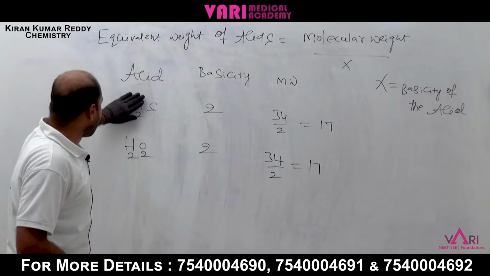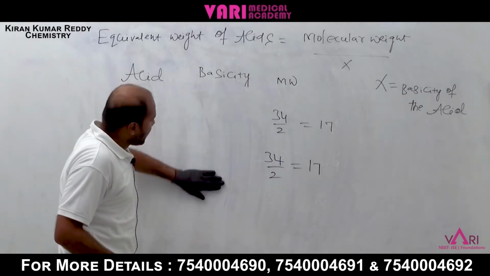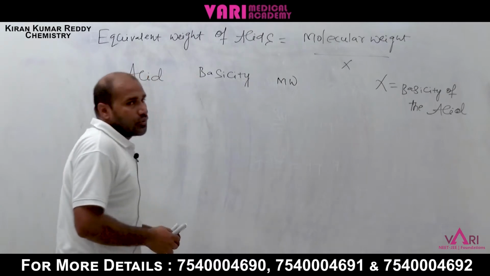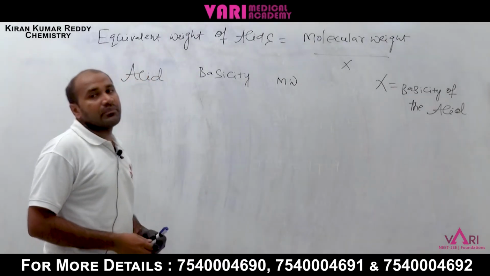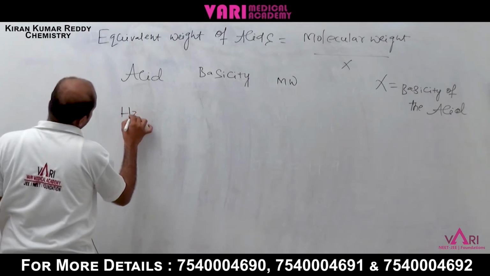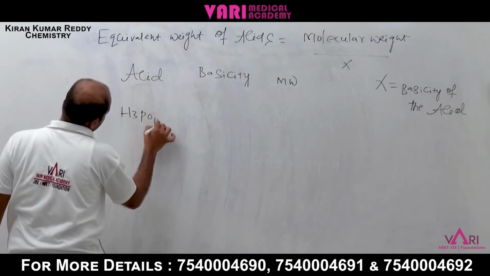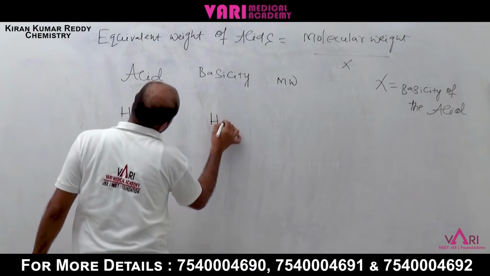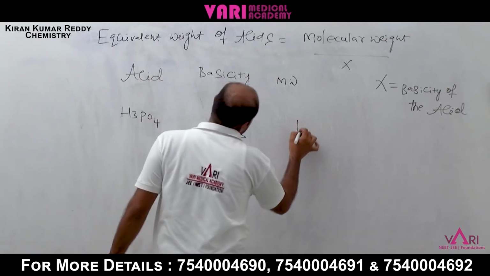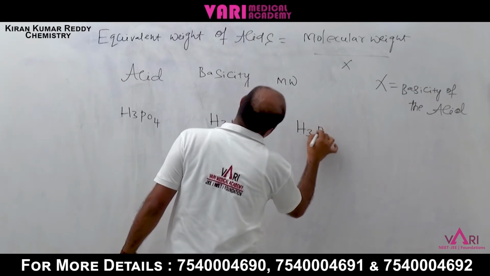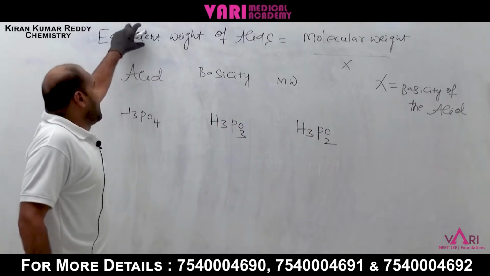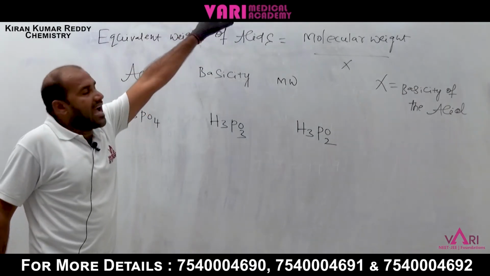Another type of acids, oxy acids, I am taking. How to calculate the gram equivalent weights? If I am taking H3PO4, another one is H3PO3, next one is H3PO2. In these structures, how to calculate the equivalent weight of the acids?